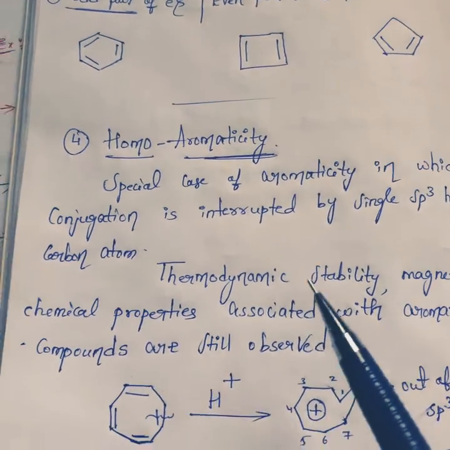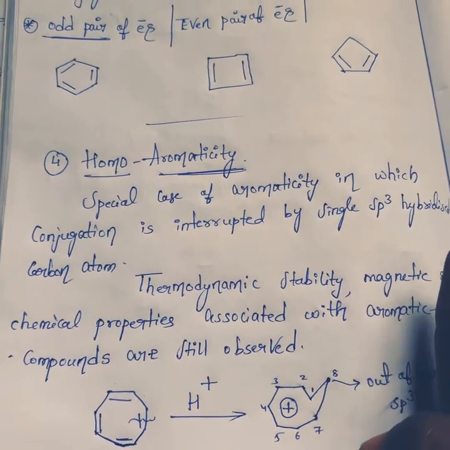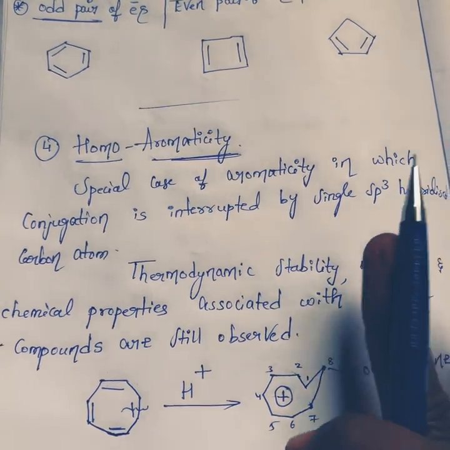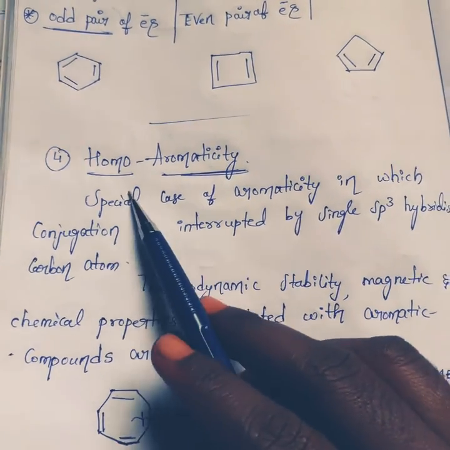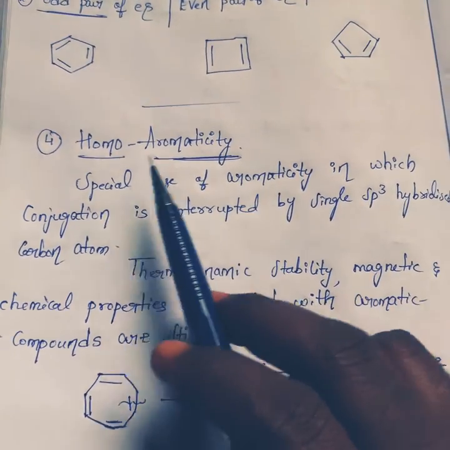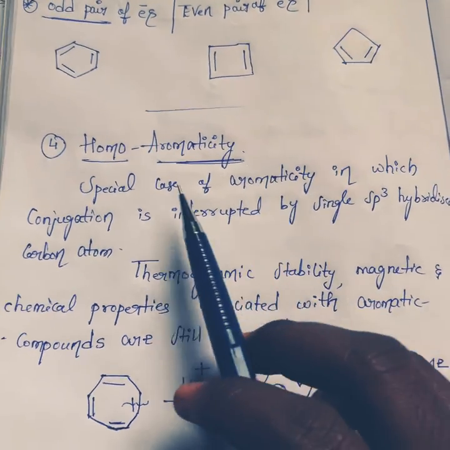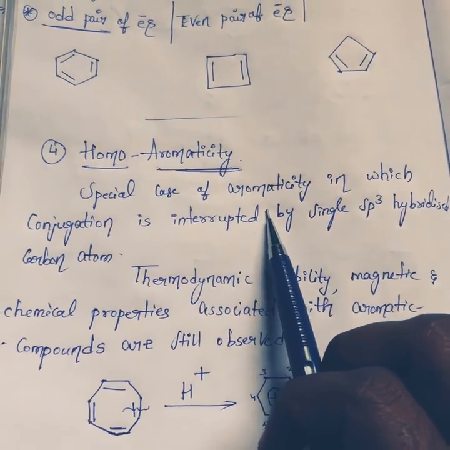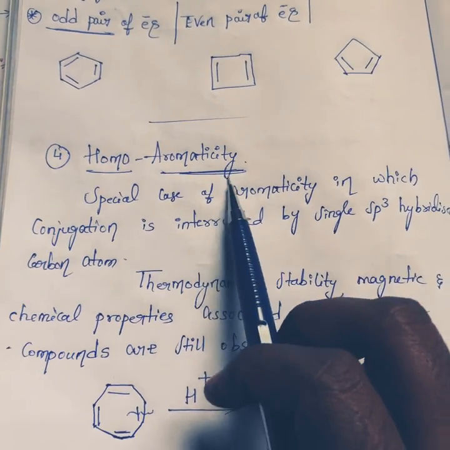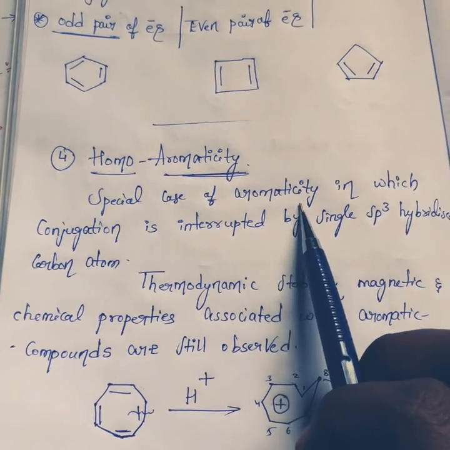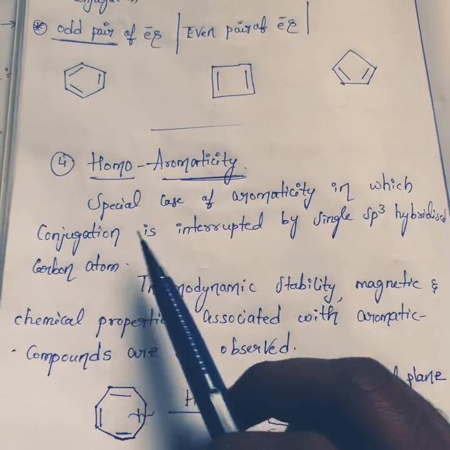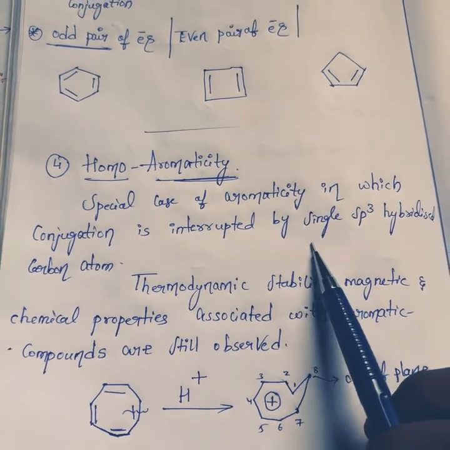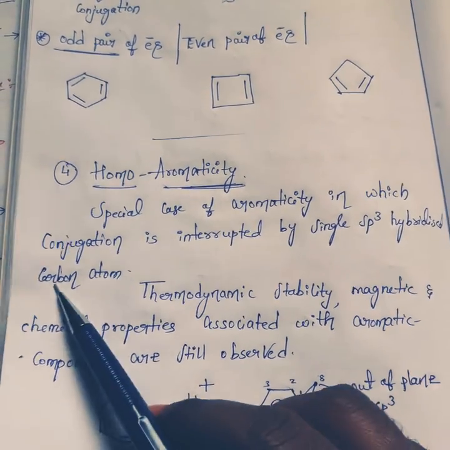Next, the fourth one, friends, is actually very important for CSIR also. Let us see this. This is homoaromaticity, which is actually a special case of aromaticity in which conjugation is interrupted by a single sp3 hybridized carbon atom.